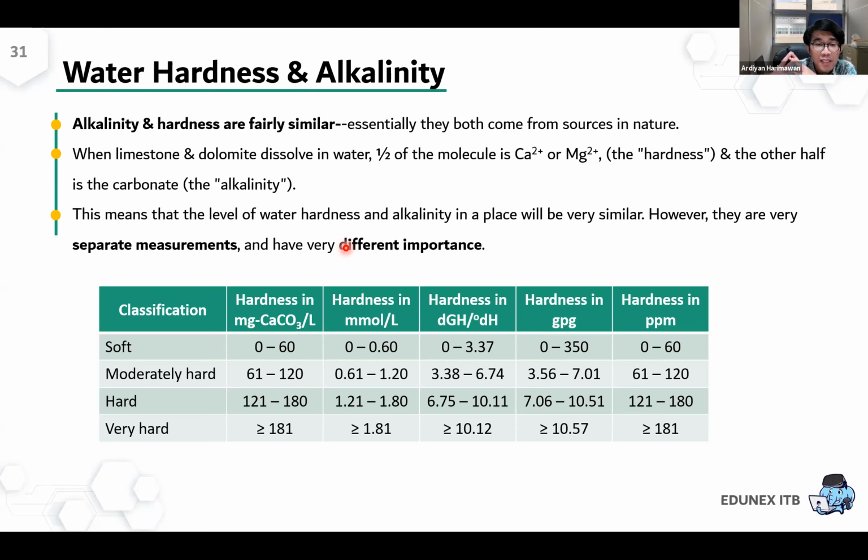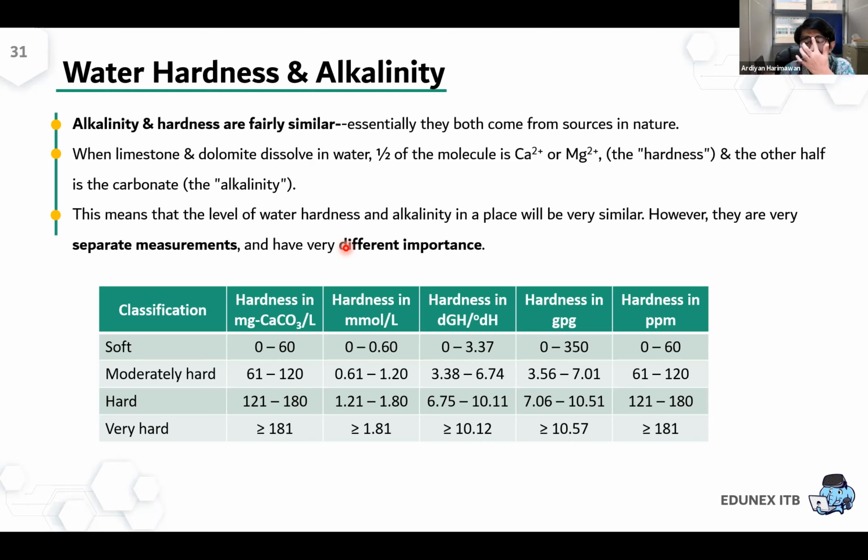Right? But this hard water also has carbonate compound, as the temporary hardness. This carbonate compound will contribute to the alkalinity, and this alkalinity actually is important because we want the pH of this water to be safe enough in order to prevent corrosion.